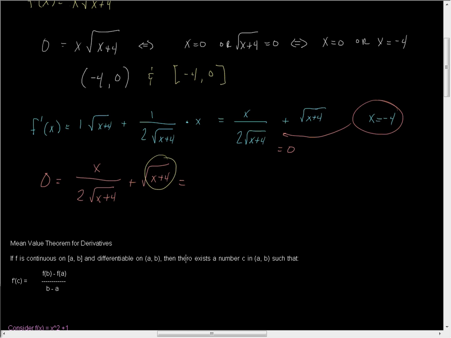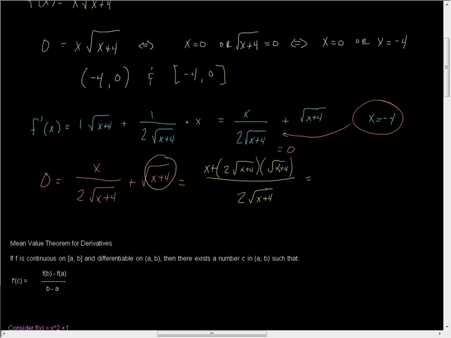If we do that, then we end up with x plus 2 root x plus 4 times root x plus 4, all over 2 root x plus 4. Now 2 times that squared is 2x plus 8.